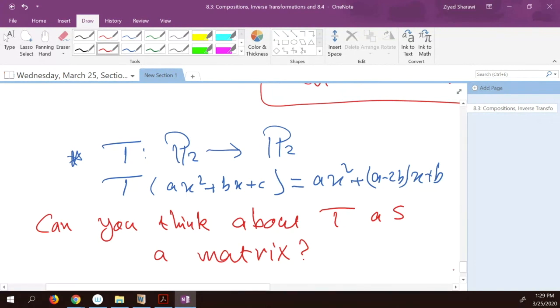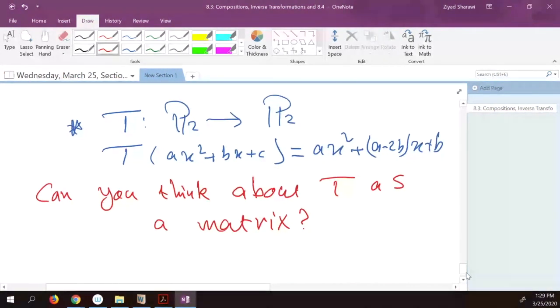Those who watched the recorded video, what do you think? Yes, we can think about this as a matrix. Any linear transformation over a finite dimensional vector space can be represented by a matrix.